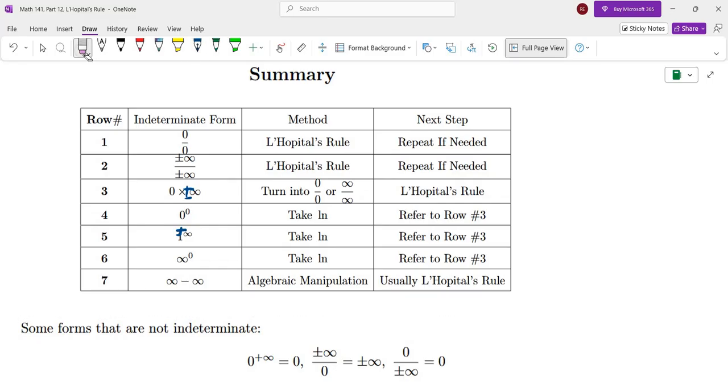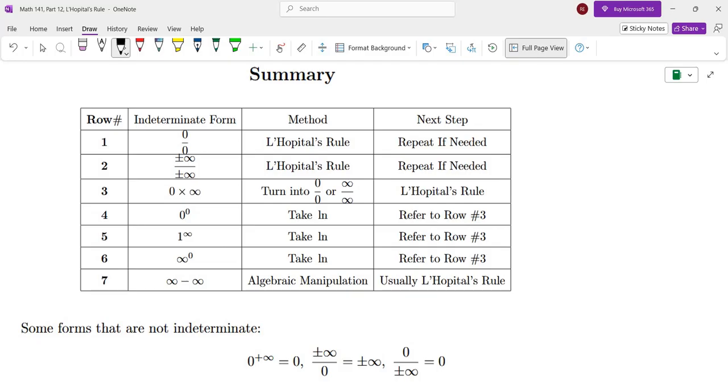So if you have 0 times infinity, we would put one of them to the bottom, we turn it into 0 over 0 or infinity over infinity, and then we apply L'Hopital's rule. If we have 0 to the 0, we take natural log, and then we go to the product. We go to row number 3. If we have 1 to the infinity, we take natural log, and then we refer to row 3 as well.